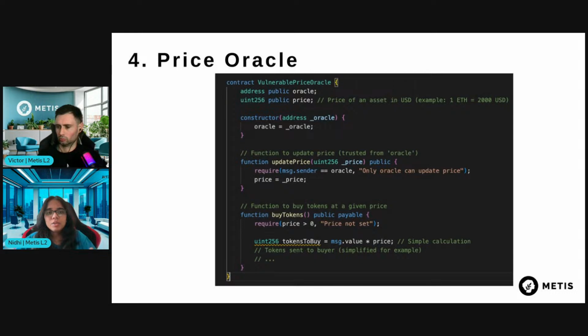So, what is a price oracle? It is the mechanism that provides external data to your on-chain contract, like the price of an asset in USD. Since blockchain contracts cannot directly fetch data from the outside world, they rely on oracles to bring the information on chain.